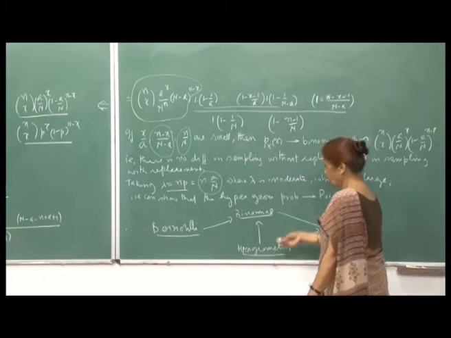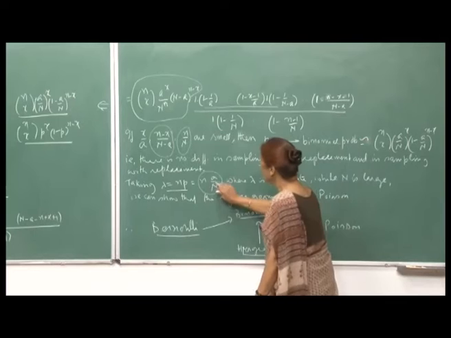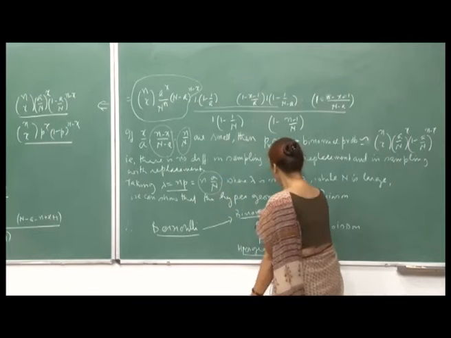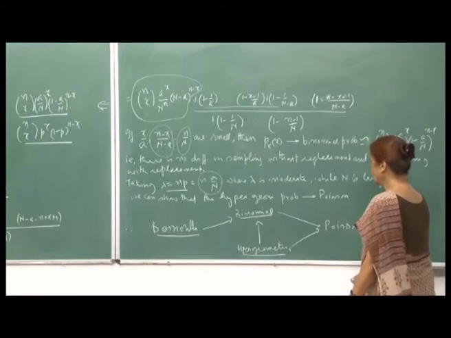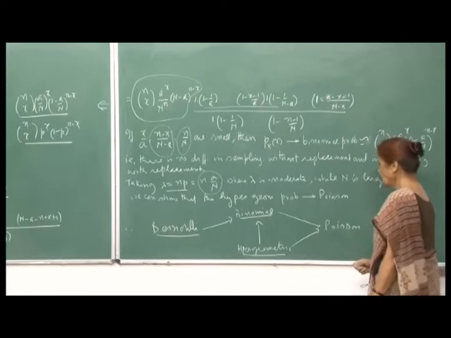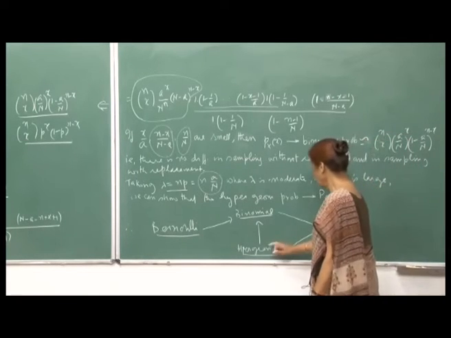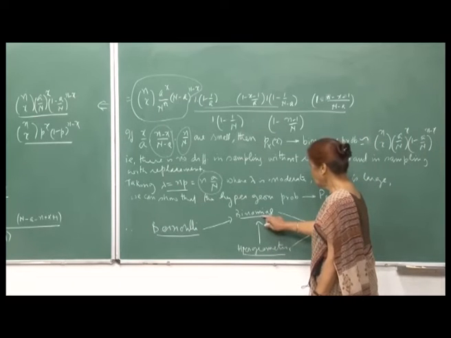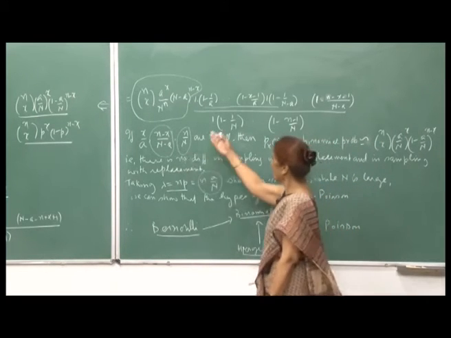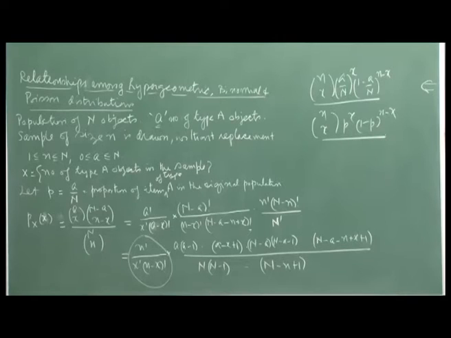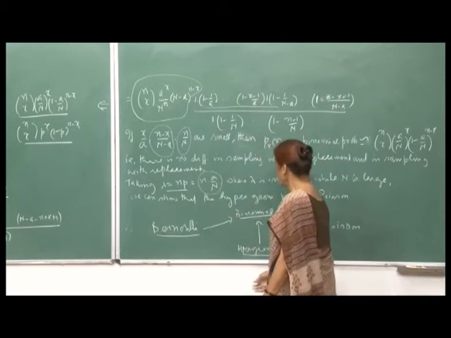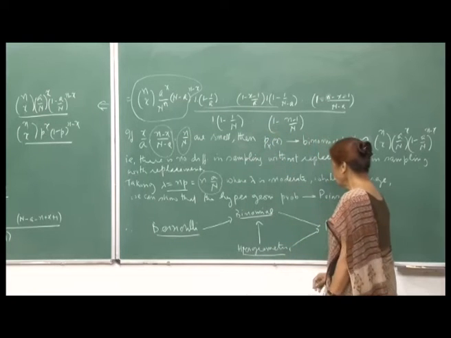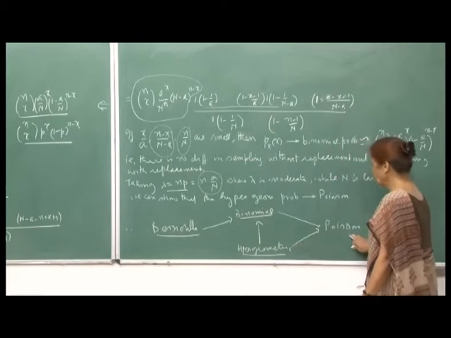Then for capital N being large, the binomial can be approximated by Poisson, or the binomial probability goes to Poisson. And here I have shown you that hypergeometric goes to binomial, and by the same argument, when I take lambda to be n into a by N, you can show by again manipulating the terms that the hypergeometric will go to Poisson.